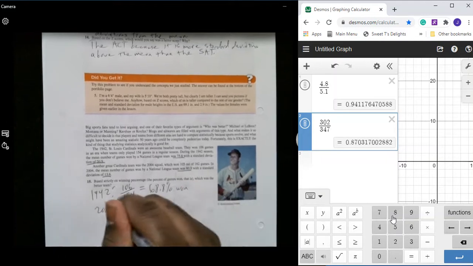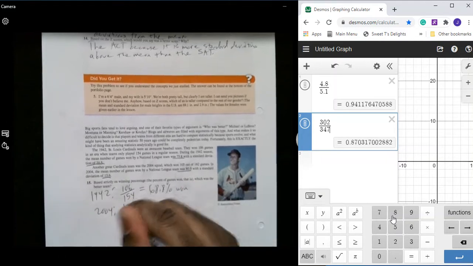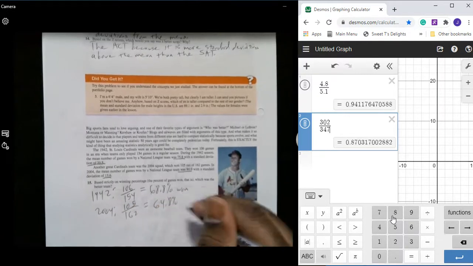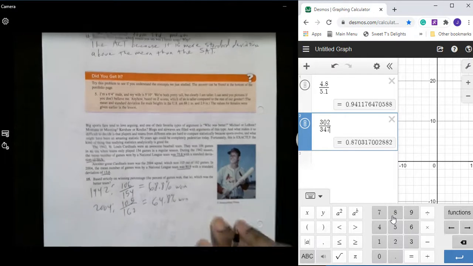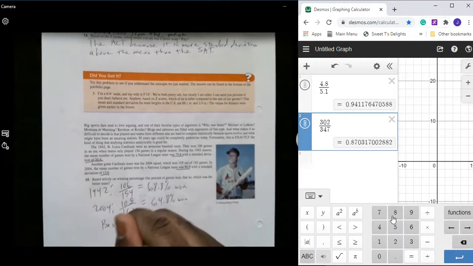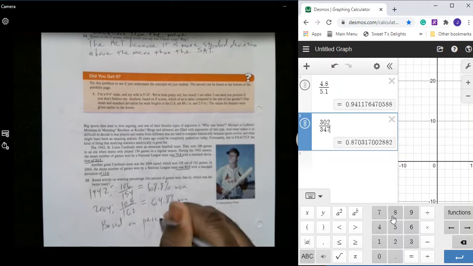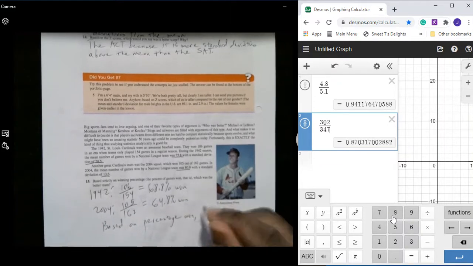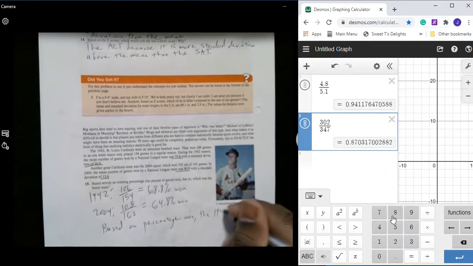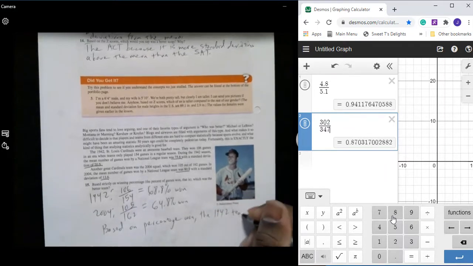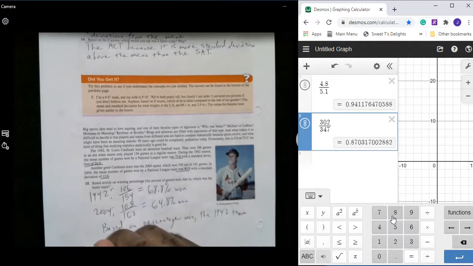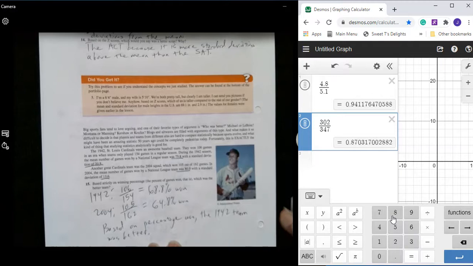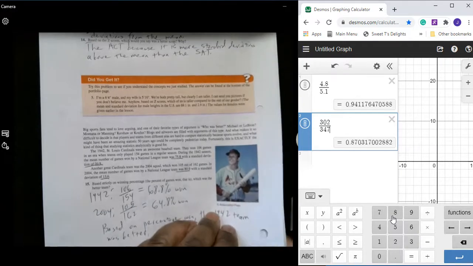Then the 2004 team won 105 out of 162 games, which is 64.8% won. So based on percentage won, the 1942 team was better. That's just based on percentages.